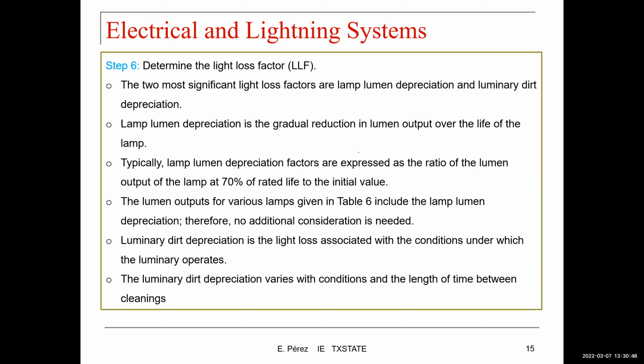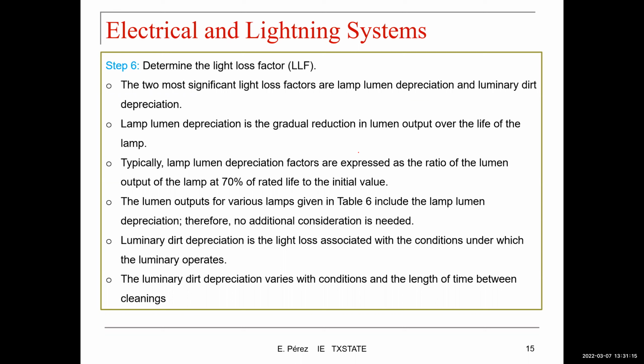The lamp lumen depreciation is the gradual reduction in lumen output over the life of the lamp. Typically, the lamp lumen depreciation factor is expressed as the ratio of the lumen output of the lamp at 70% of rated life to the initial value. The lumen output for various lamp types is given in table 6, including the lamp lumen depreciation. Therefore, no additional consideration is needed.